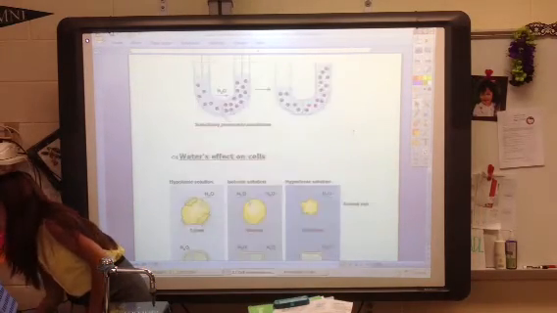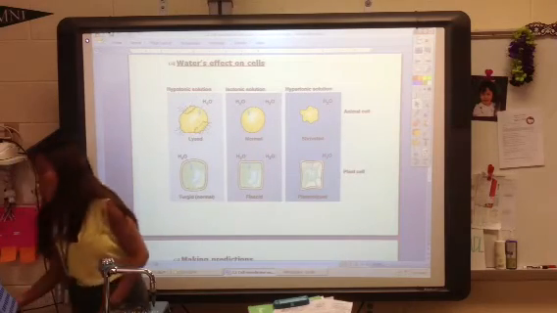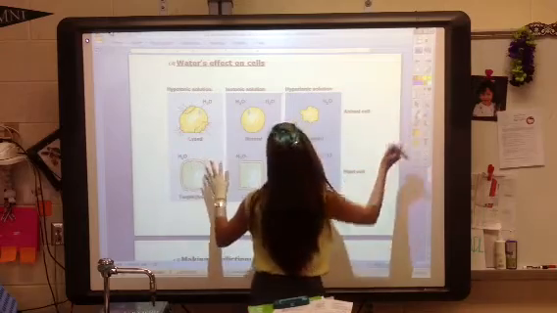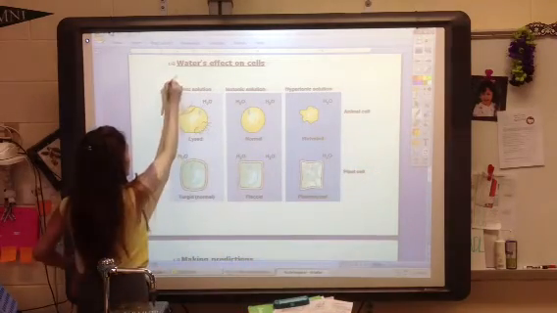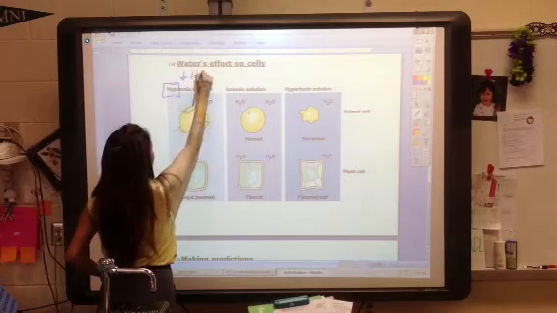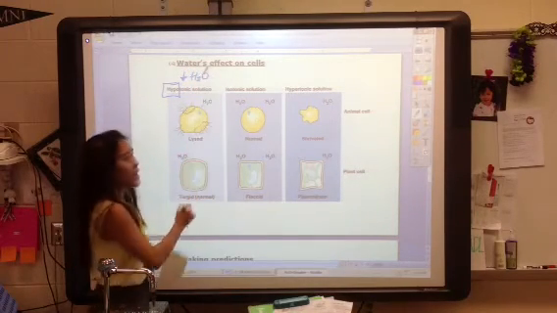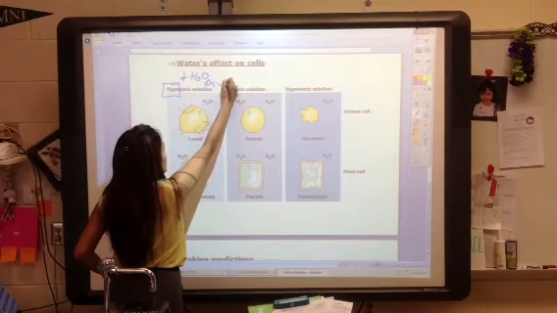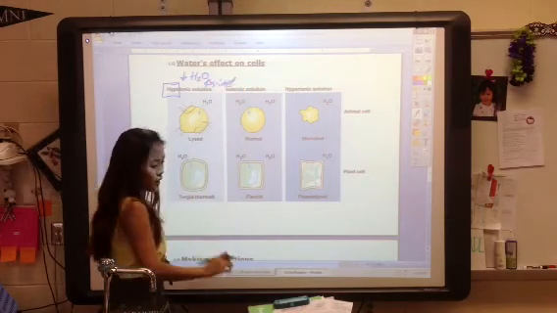The last thing you want to do is to be able to predict the water's effect on cells. If you're looking at this first cell, if this first cell is in a hypotonic solution where there's a low amount of solute and a high amount of water, the water is going to move into the cell. Okay?